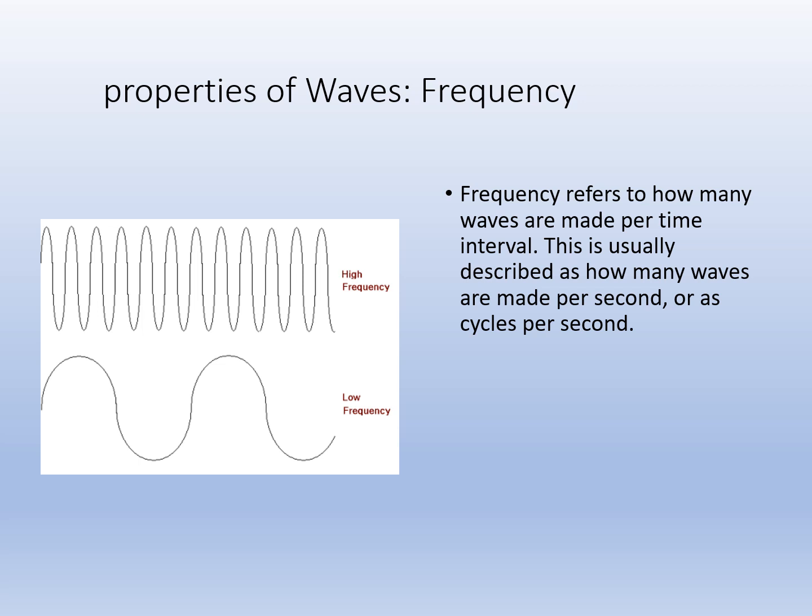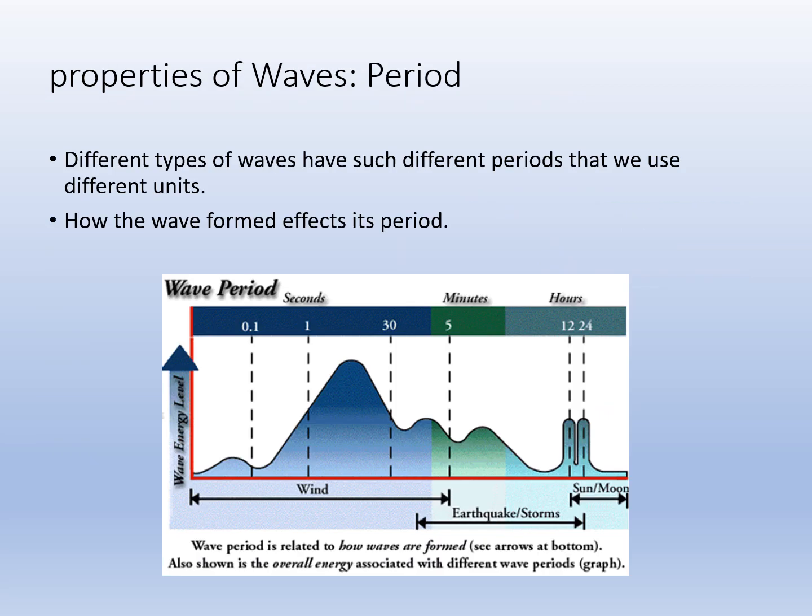And in this image, they have a similar amplitude. But high frequency, many waves passing by. Low frequency, few waves passing by. The three types of waves we look at are wind waves. That's the most common.